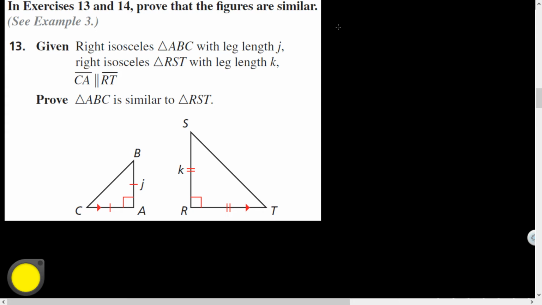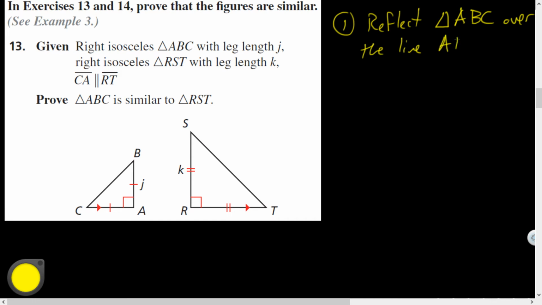Okay, so you said step 1, reflect. Let's reflect triangle ABC over the line AB. Does that make sense? So let's see.